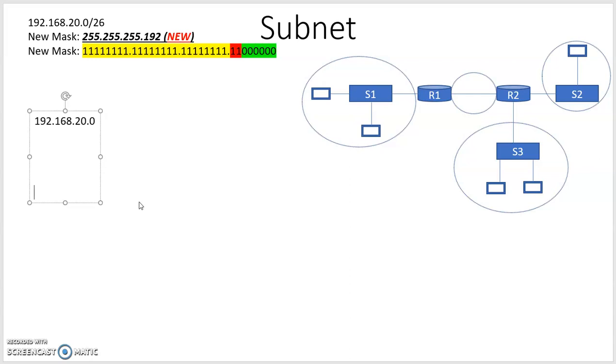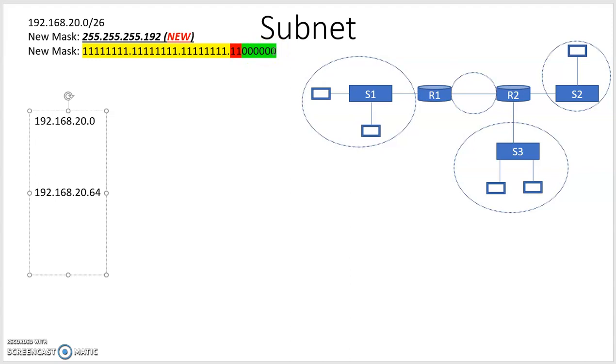So if that is the case, 192.168.20.64, there we go. That is the first starting address of the next subnet. How do I know this? Because there are only 1, 2, 3, 4, 5, 6 bits for the host. So 2 to the power 6 is 64.